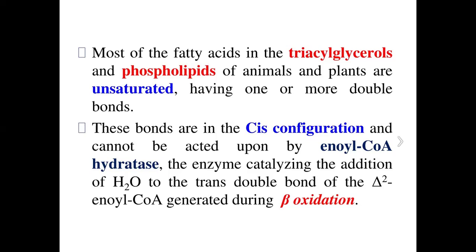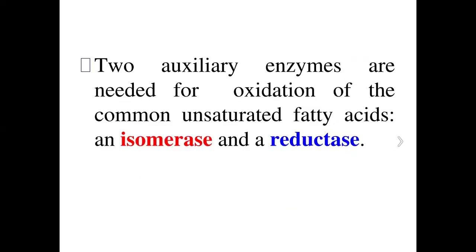It has to be in trans before the hydratase acts on them. The enzyme catalyzes the addition of water to the trans double bond of the delta 2 enoyl-CoA generated during beta oxidation. Two auxiliary enzymes are needed for oxidation of the common unsaturated fatty acids, an isomerase and a reductase.